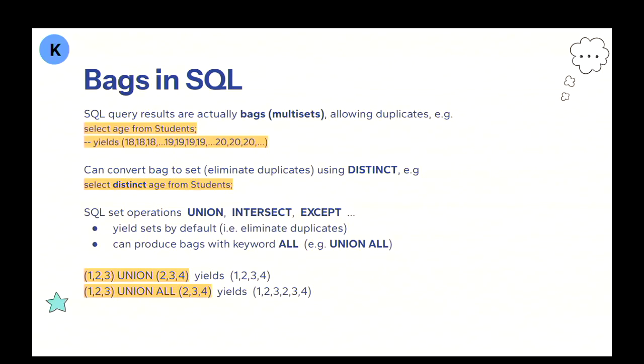These operators produce sets as a result, which means they eliminate all the duplicates. However, if we do want them to produce bags, which allow duplicates, we can use the keyword all. For example, we can use union all to generate bags.